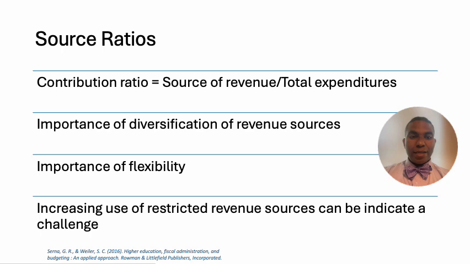So the importance here is on diversifying your revenue sources. So when those percentages for certain things get really high compared to previous years, that tends to show that you're getting a lack of diversity in your revenue source, or other sources are drying up.